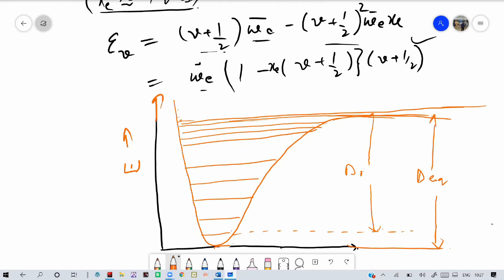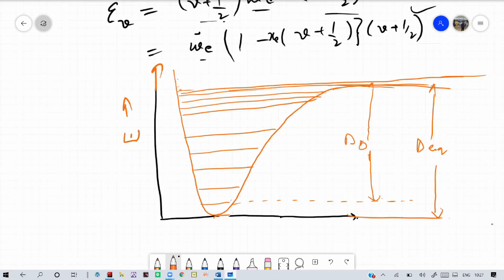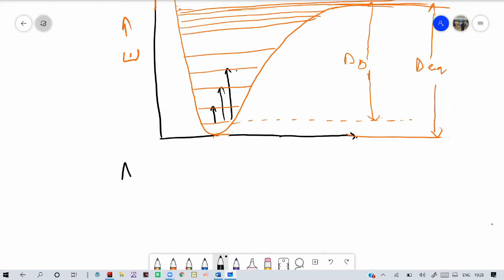This is the dissociation energy from the zero point energy, D naught for nu equal to 0. And when you calculate the transitions, there is now no restriction on delta nu. It is plus minus 1, plus minus 2, plus minus 3, because the amplitude is very large and energy ranges are very large. So the transition can occur from a lower level to higher levels, up to the second level, up to the third, depending upon how much energy you are giving. Remember that this is an important difference.